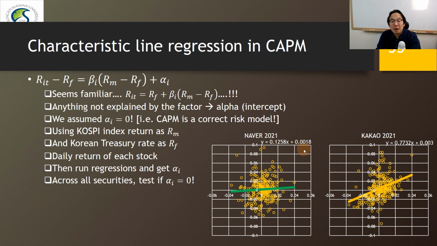What is more important is we obtain alpha not just for two different stocks, we have to obtain thousands of alphas for thousands of different securities in the Korean market and test whether these alphas are equal to 0 or not. That's our null hypothesis. And assuming CAPM is correct means that the average of those alphas will be 0.